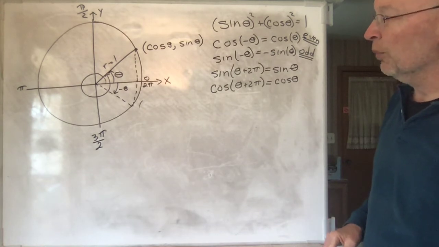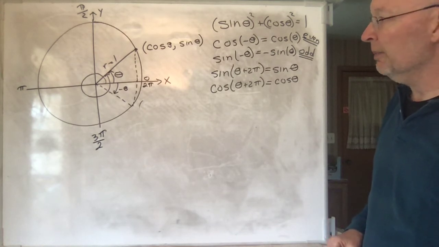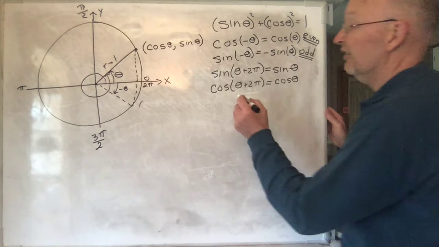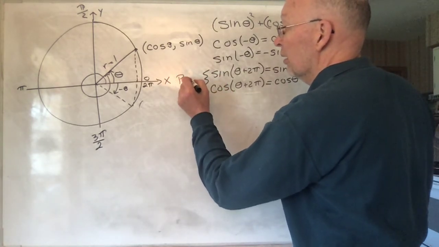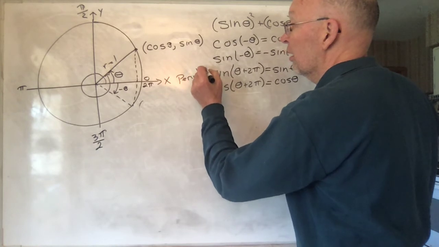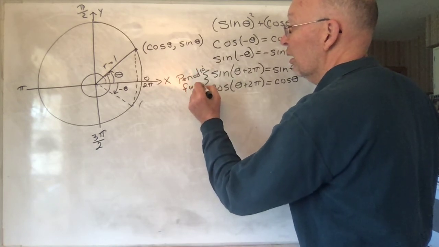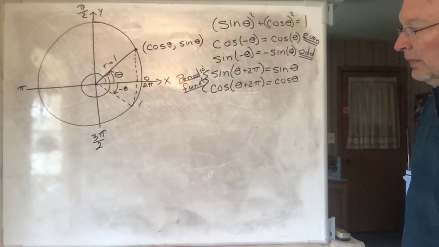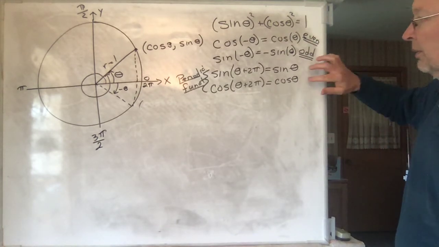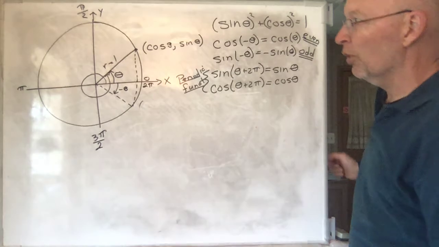So they just keep repeating themselves over and over again, and that's why we call these things periodic functions. Okay, they keep repeating themselves. So we'll talk about that a little bit more right now.